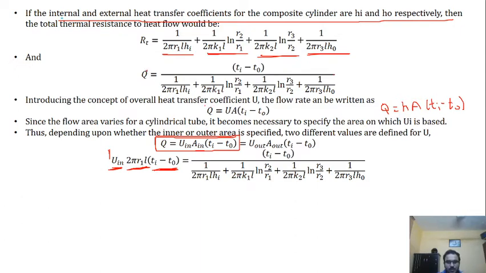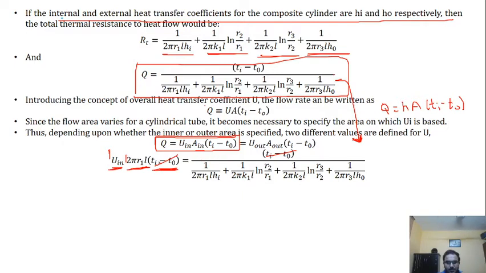So now we are putting this whole equation over here. Now what we are going to do is, this Ti minus To will already get cancelled out.